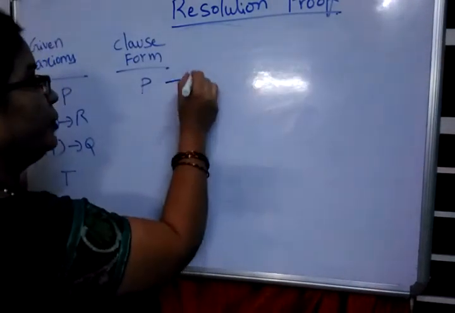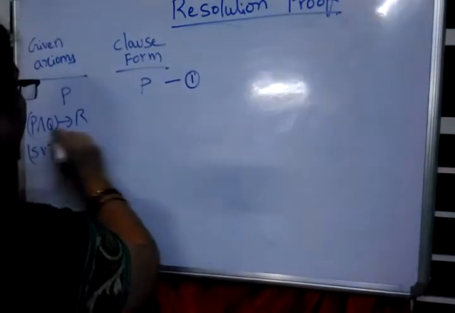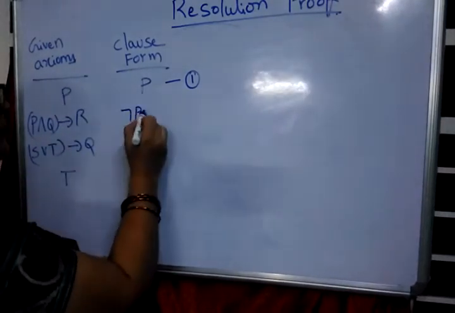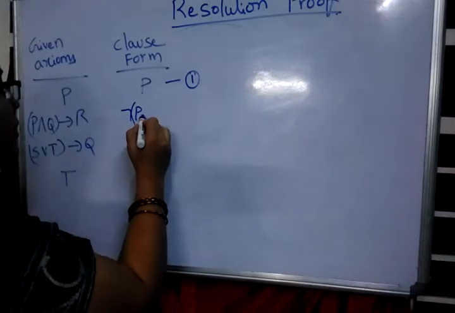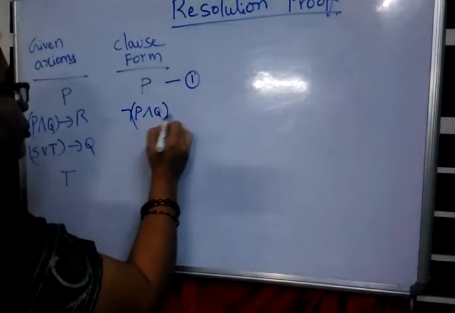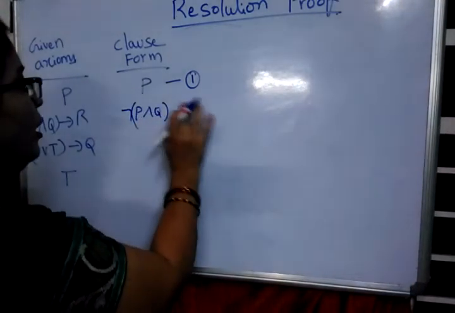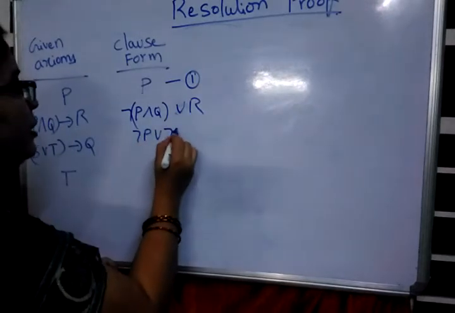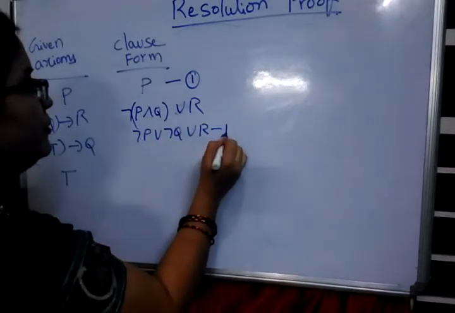P we put as equation number 1. And P and Q implies R becomes negation P or negation Q or R. So this is one term.